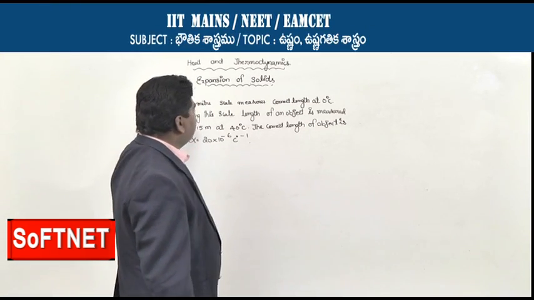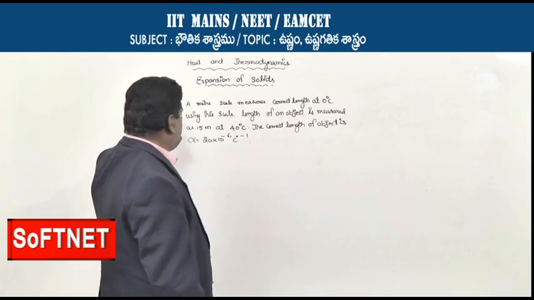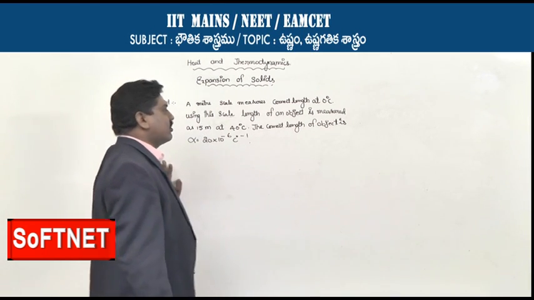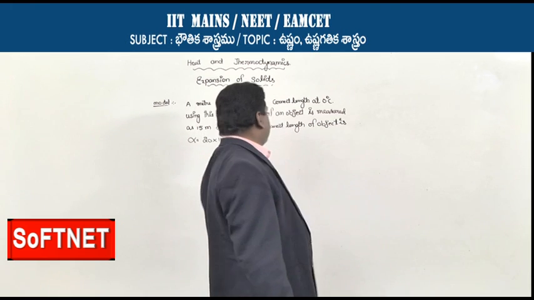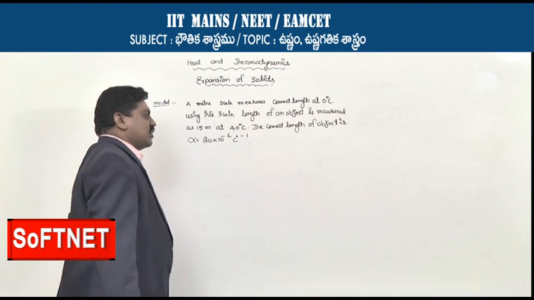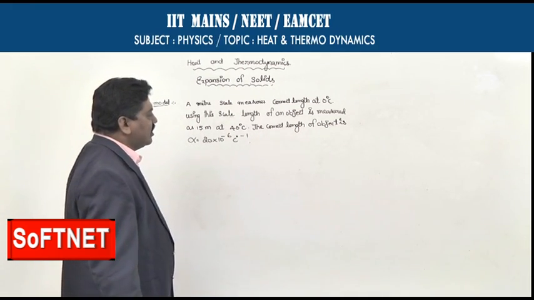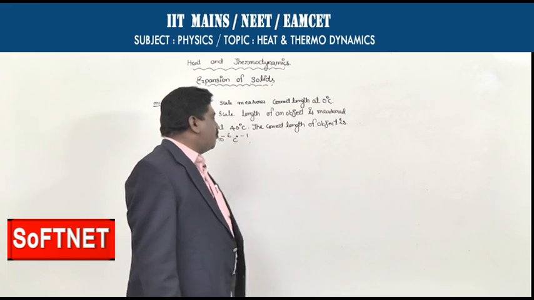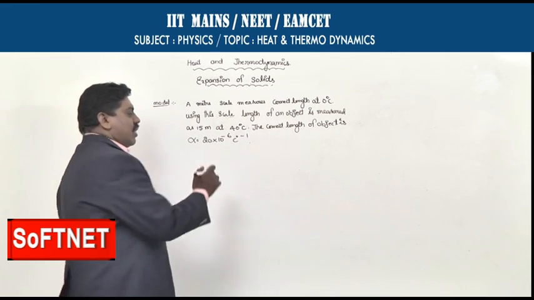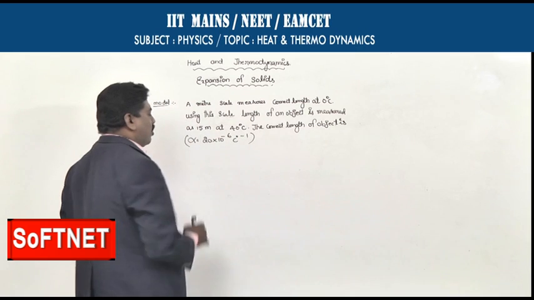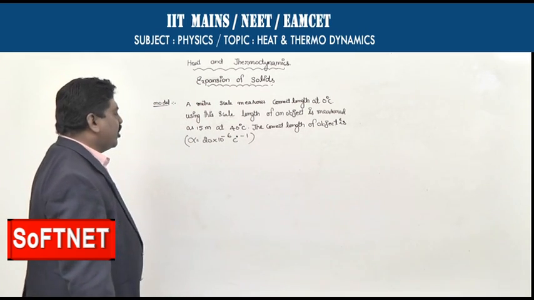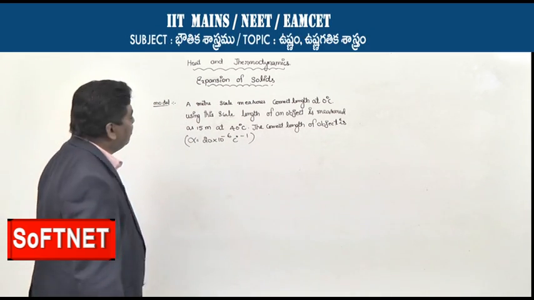A meter scale measures correct length at 0 degrees Celsius. Using this scale, the length of an object is measured as 15 meters at 40 degrees Celsius. The correct length of the object is, and we are given alpha equals 20 into 10 to the power of minus 6 per degree Celsius.